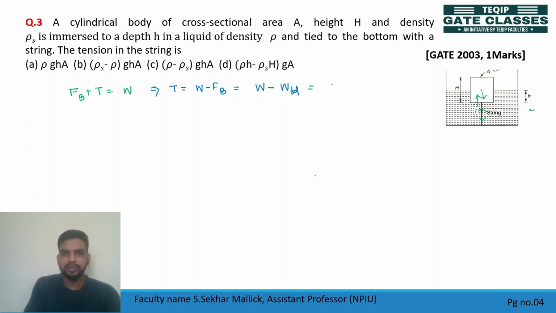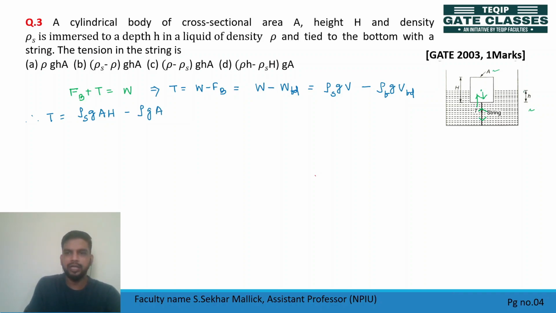So what is weight of the body? Rho of body, then G and V. Rho V is mass, into G. This is volume of body. Then what is weight of fluid displaced? Rho of fluid, G into volume of fluid displaced, right? So if I write that, can I get tension is equal to rho S G, volume of the body is A into capital H, minus rho of the fluid is rho here, not rho F, so rho into G, volume of fluid displaced is how much?